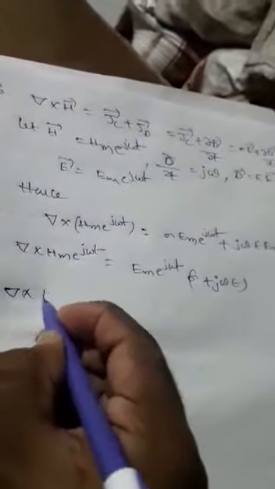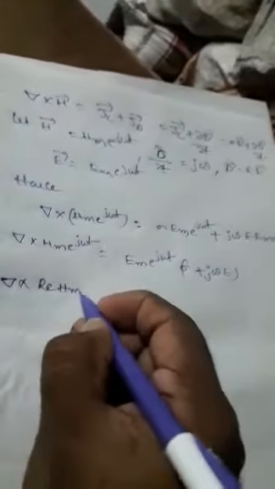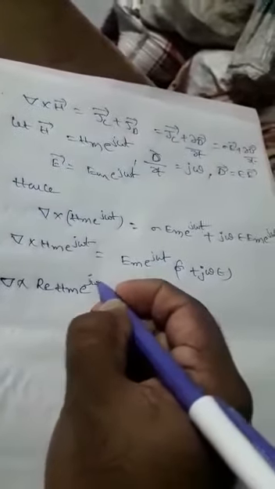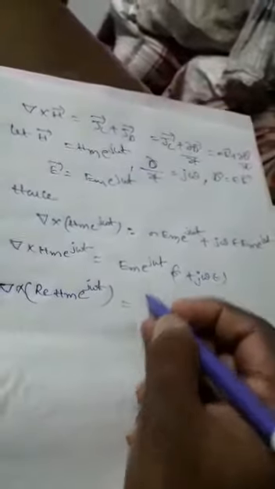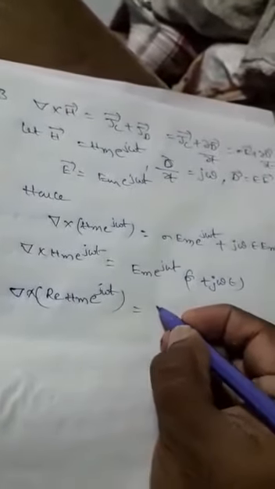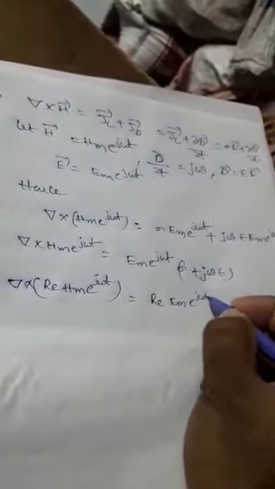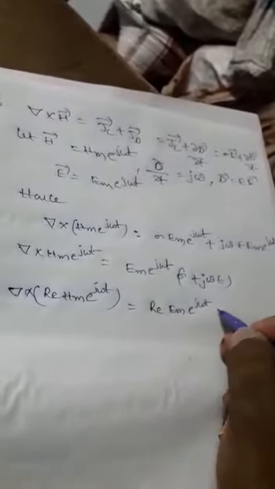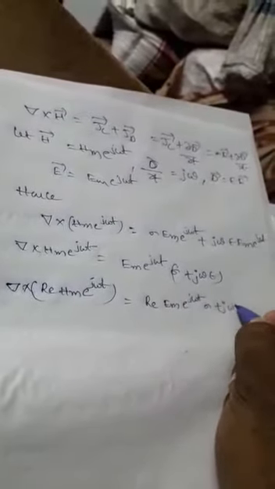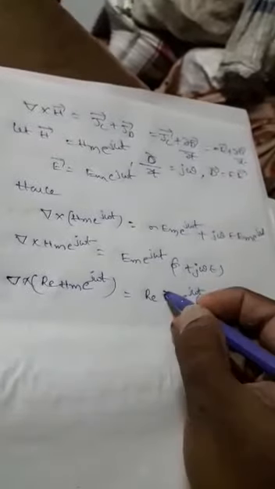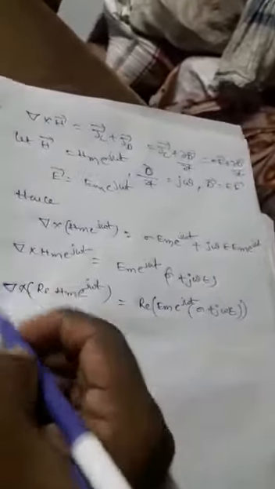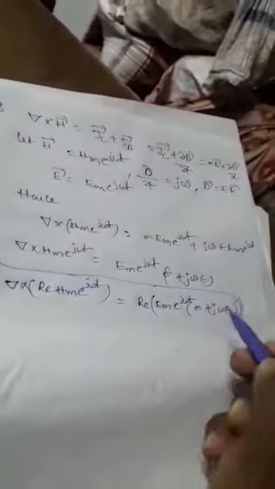So here it is curl of the real part of Hm into e to the power of j omega t, for magnitude analysis, equal to the real part of Em into e to the power of j omega t into sigma plus j omega into epsilon, which is the modified Maxwell's equation for harmonically varying fields.